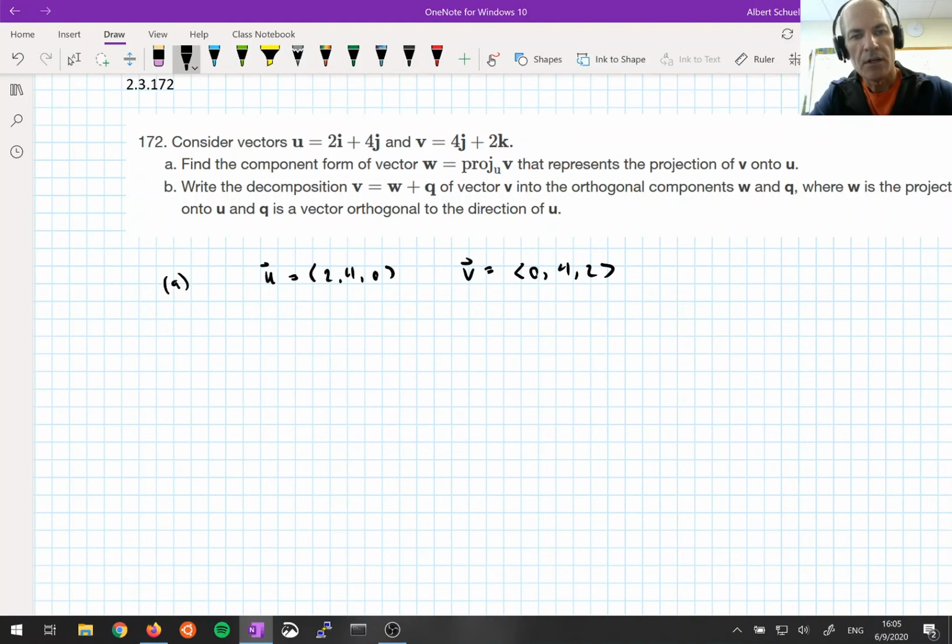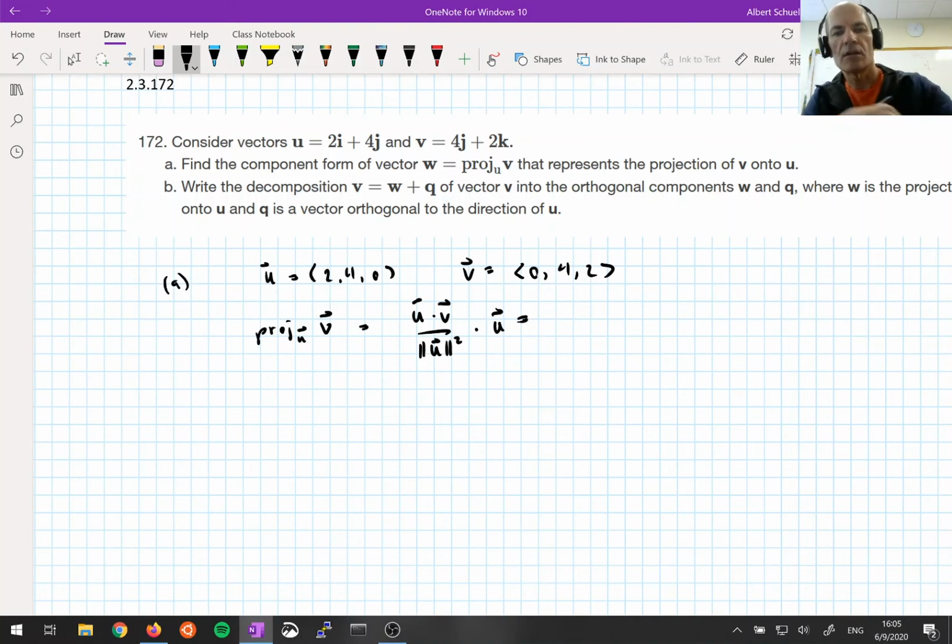Let's remind ourselves that the projection vector in the u direction of v is given by u dotted with v over the magnitude of u quantity squared times the vector u. u dotted with v is just 2 times 0 plus 4 times 4 plus 2 times 0. That's going to be 16. And the length of u squared is 4 plus 16, that's 20.